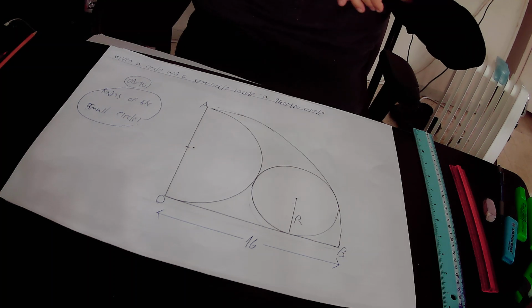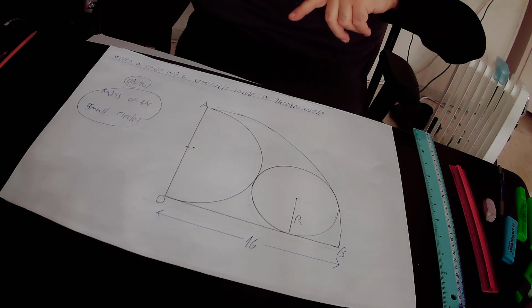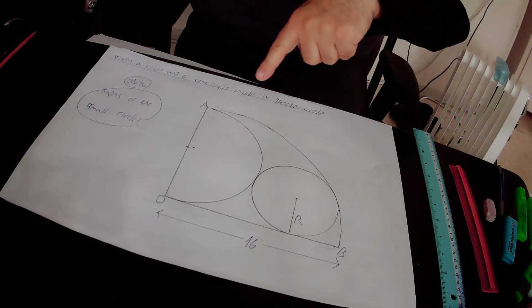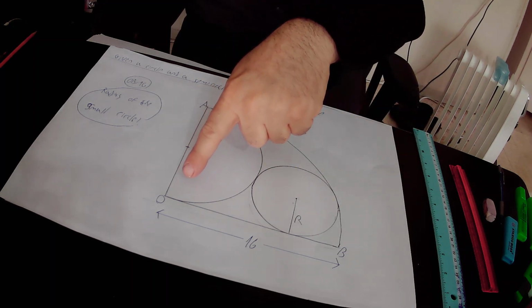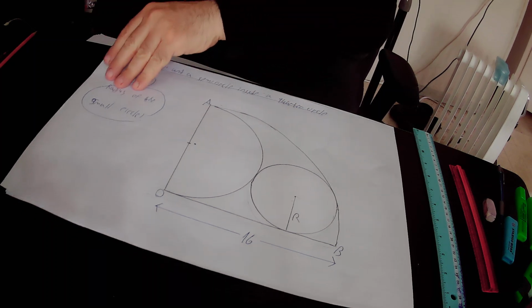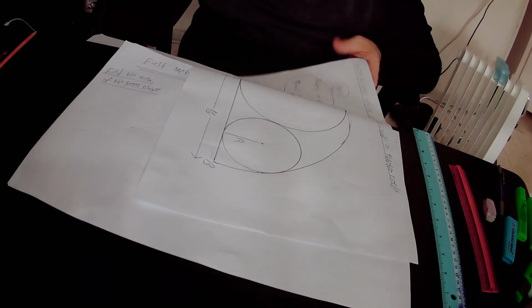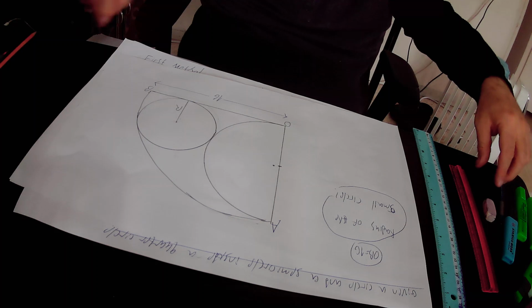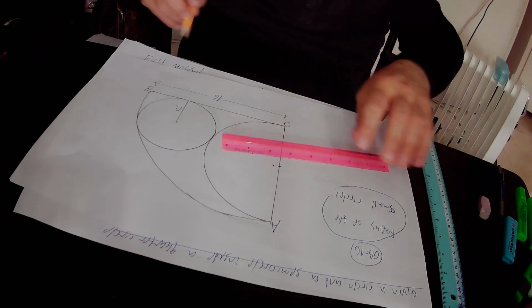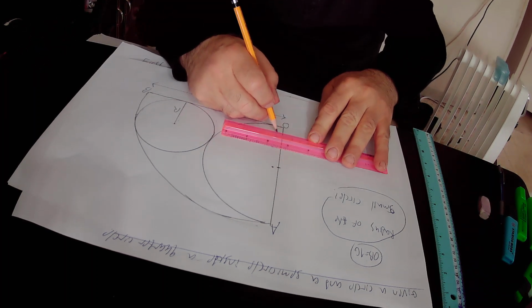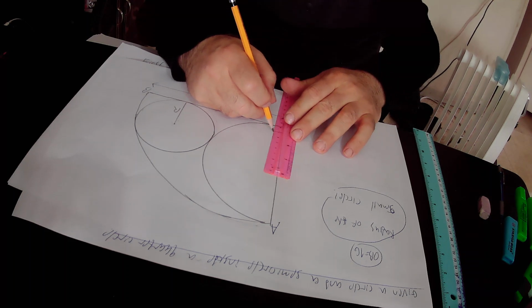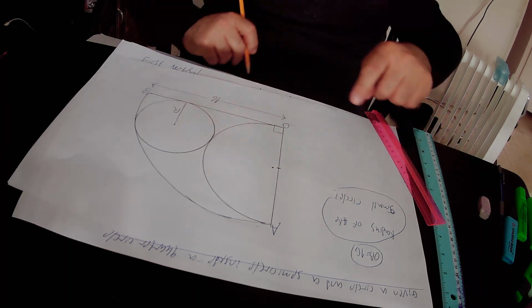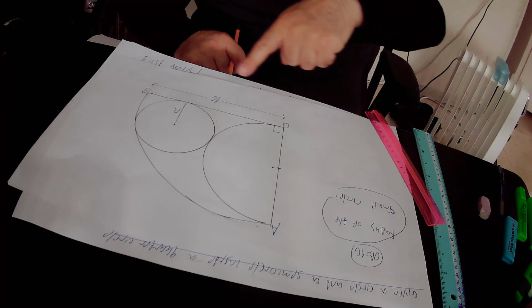Okay. So first of all, we know that AOB is a quarter circle, therefore this angle AOB equals 90 degrees, so the right angle. In addition, side AO must be equal to side OB.